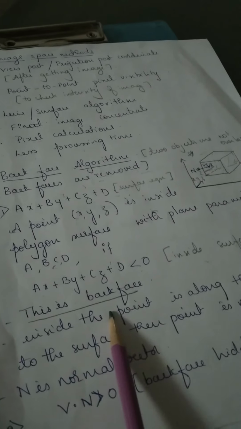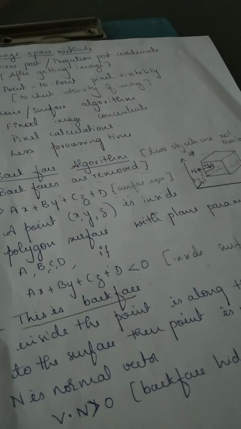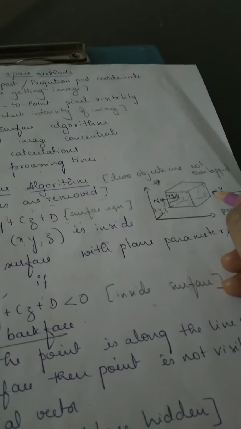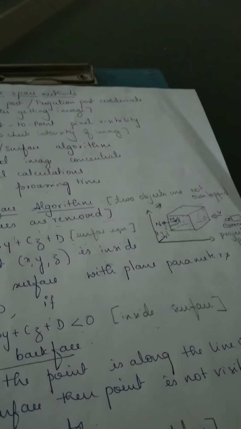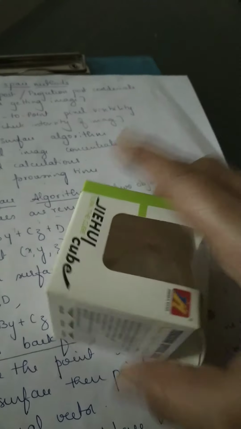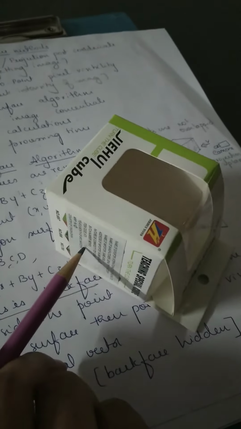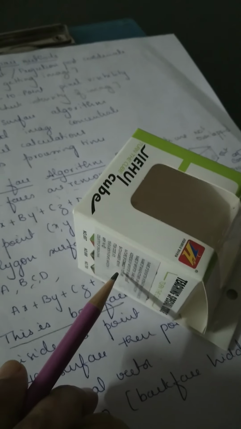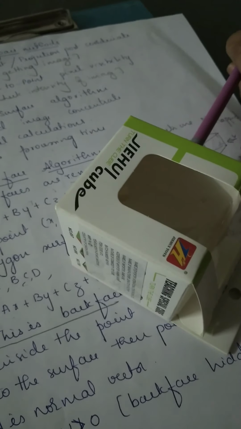Okay, next. Now we need to check whether it is a back face. I'll take my view plane on this side and the normal on this side. My camera is projected here and my normal plane is this.